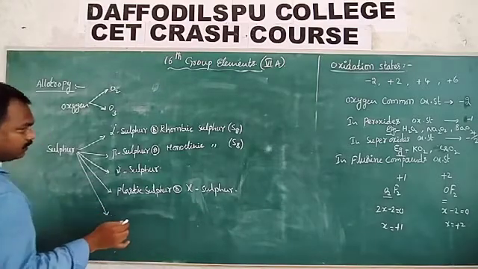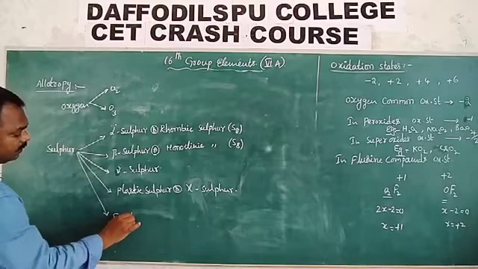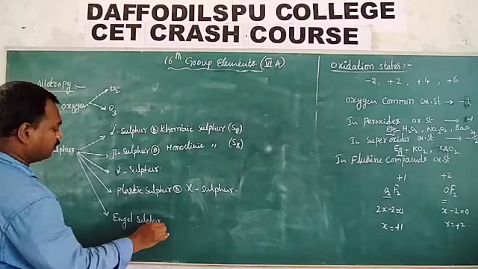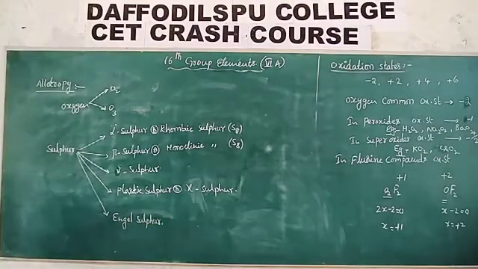Next one is angel sulfur. So these are the allotropic forms of sulfur.